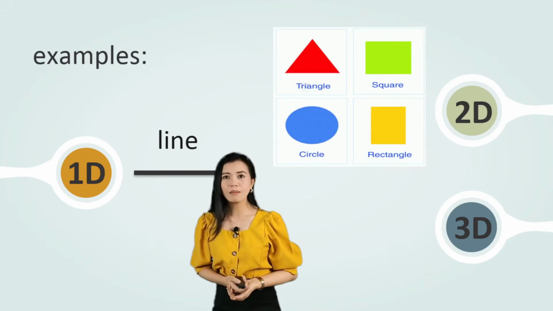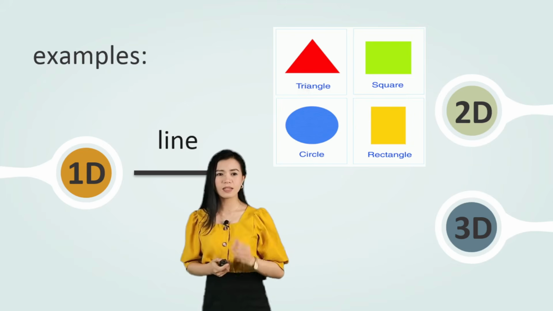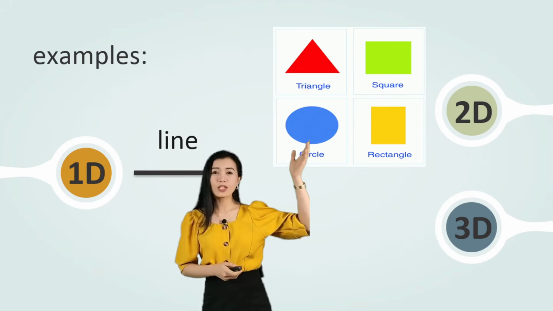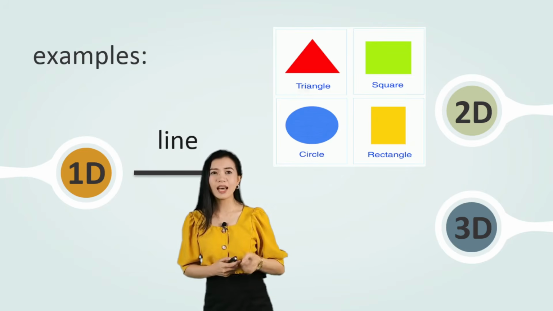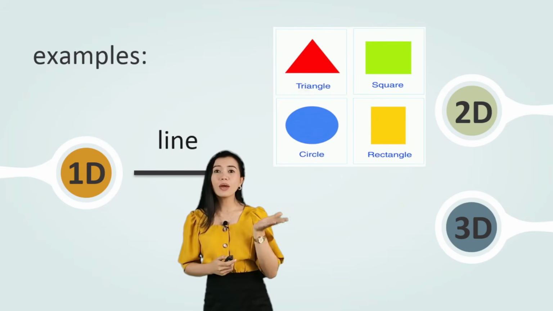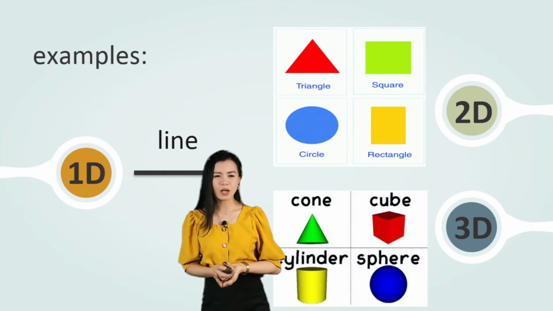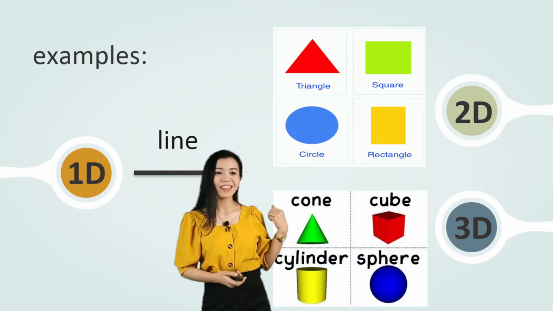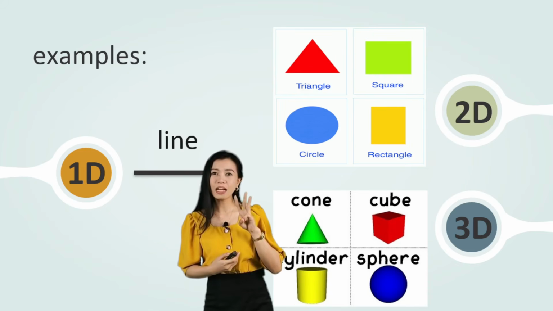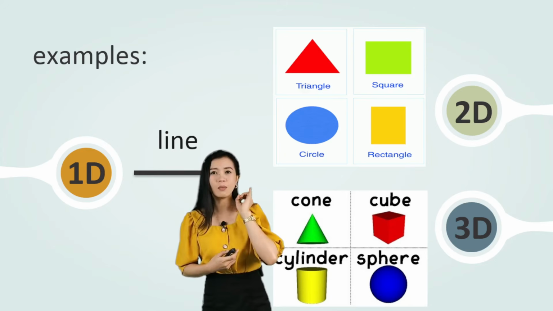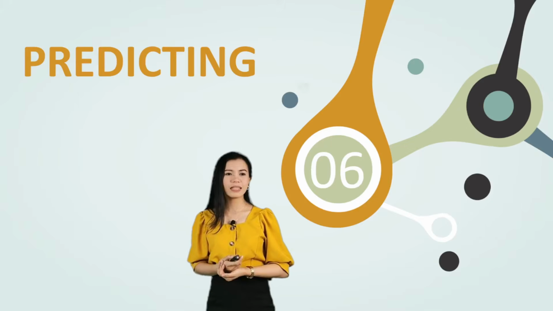Examples of two-dimensional objects are triangles, the square, the rectangle, and the circle because they have width and length. Examples of 3D objects are the cone, the cube, the cylinder, and the sphere because they have three dimensions: width, length, and height.